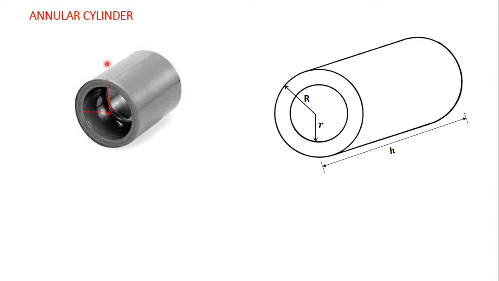If you have an annular cylinder like this, in order to find the cross-sectional area, the formula is pi R squared minus pi r squared, where the first R is the external radius and the second r is the internal radius. So pi big R squared minus pi small r squared.